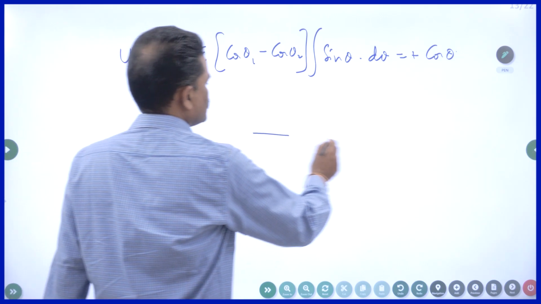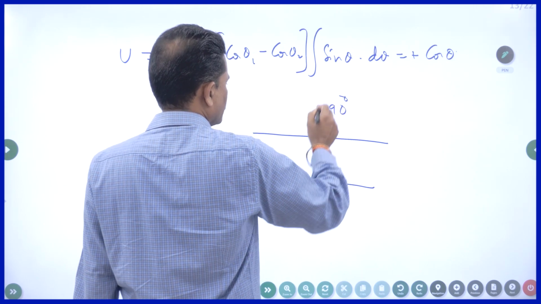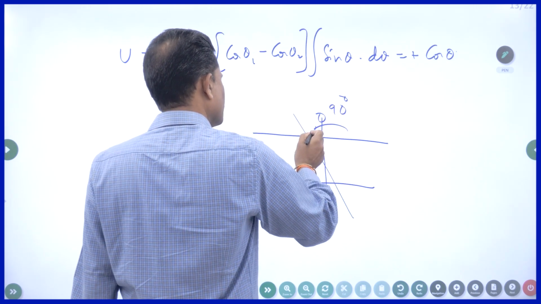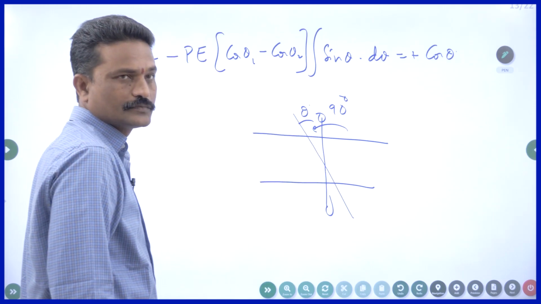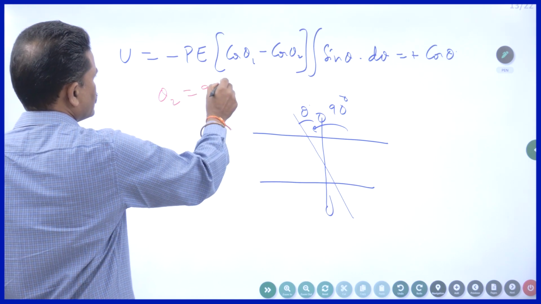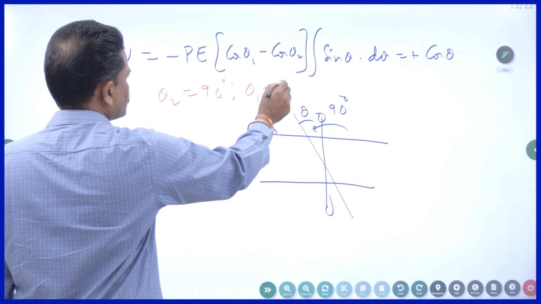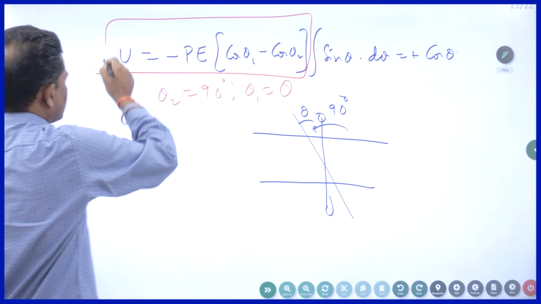Suppose initially it is at 90 degrees, then I moved it in the opposite direction to another angle θ. So in this case, θ2 I have to put 90 degrees and θ1 is simply θ. Up to here this is enough in the examination.